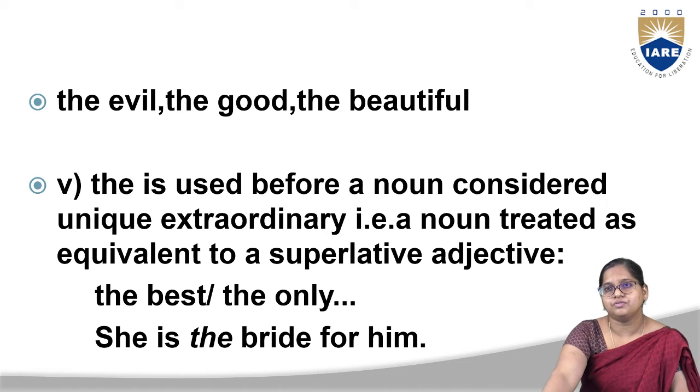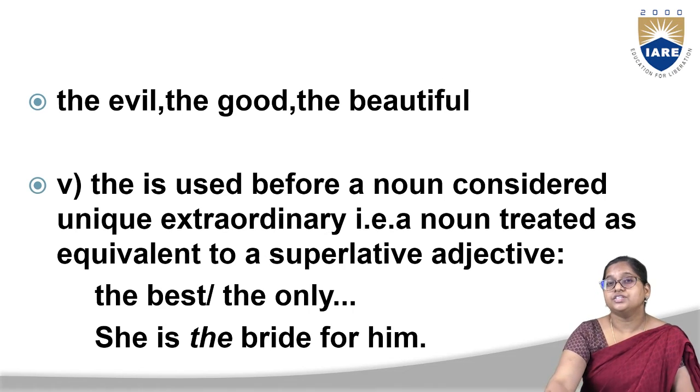The is used before a noun considered extraordinary. Whenever you are using it in an extraordinary context, like you want to talk about it as exceptional in a superlative degree, you can use the best. She is the most beautiful girl.